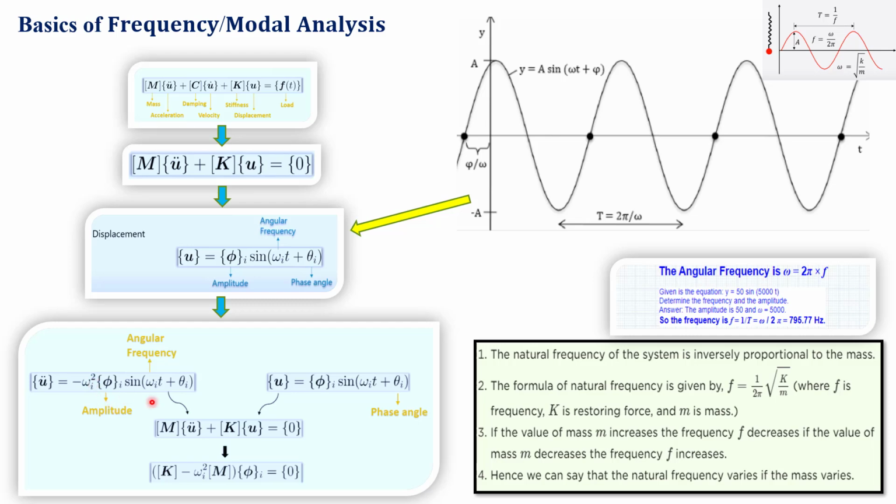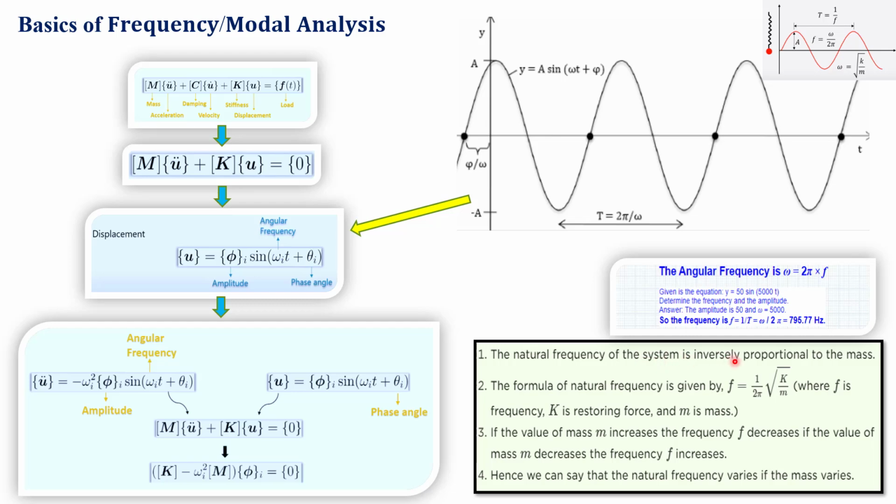You put this equation here, and finally you're going to have the final equation: k minus omega square m, times phi. Well, in short, this is the summary here.